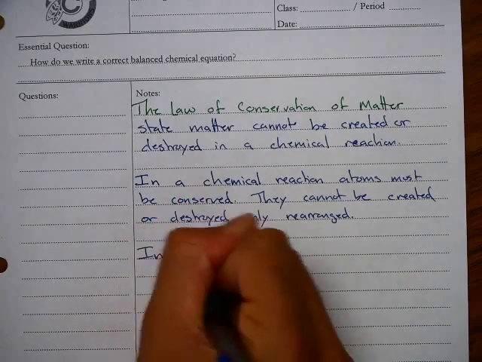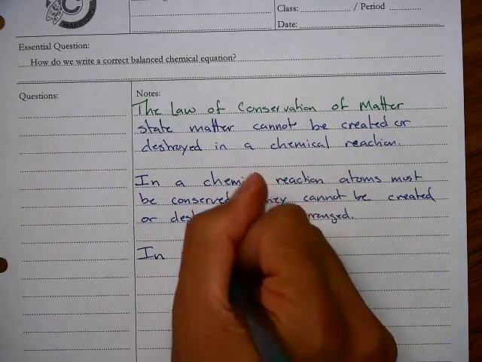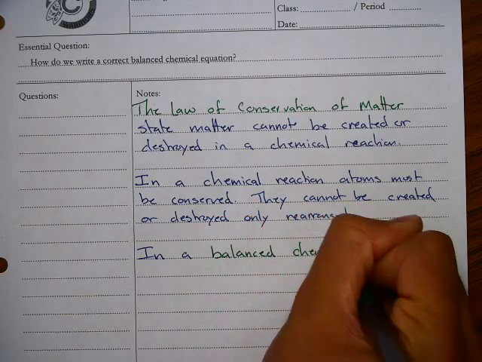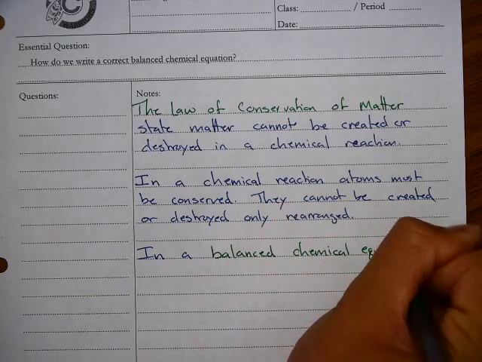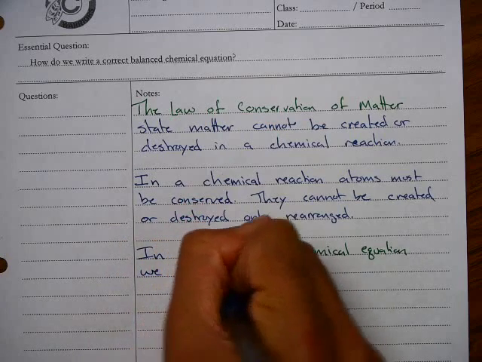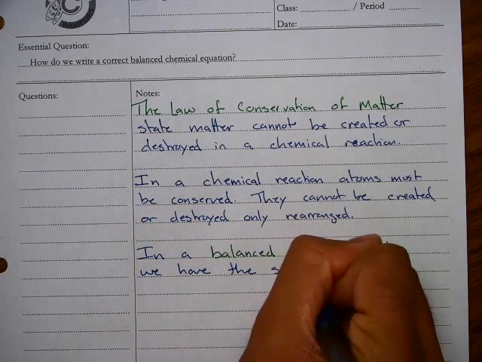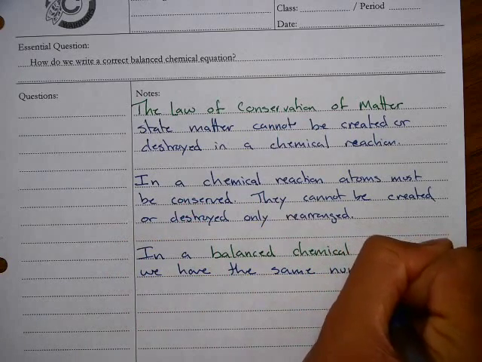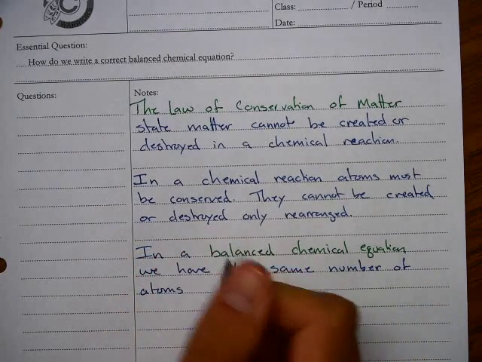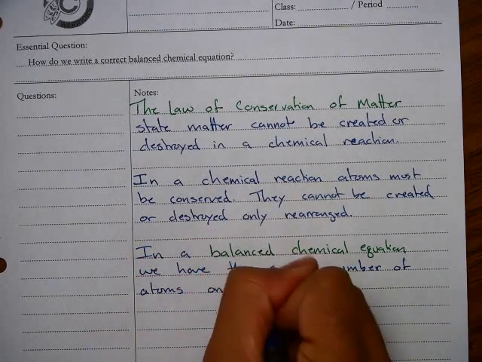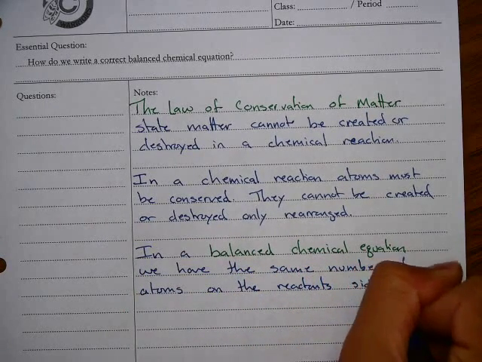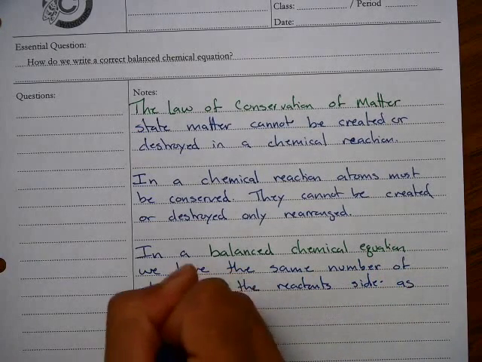So in a balanced chemical equation, we have the same number of atoms on the reactants side as we do on the products.